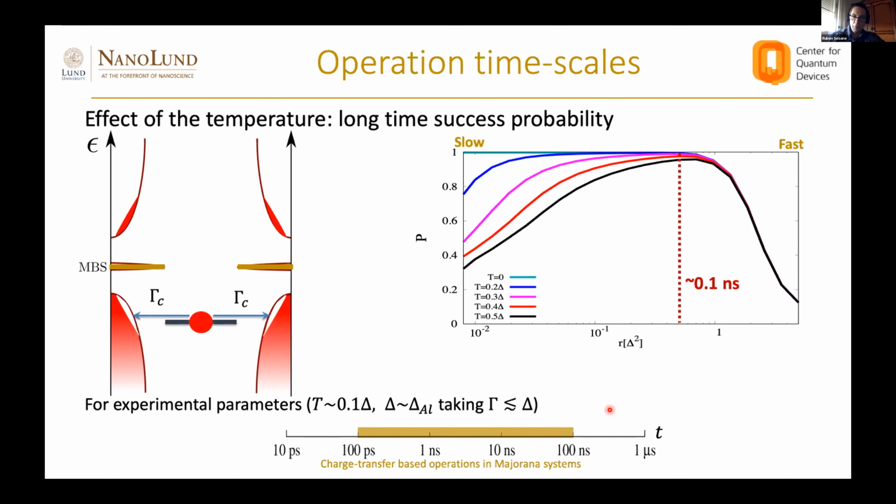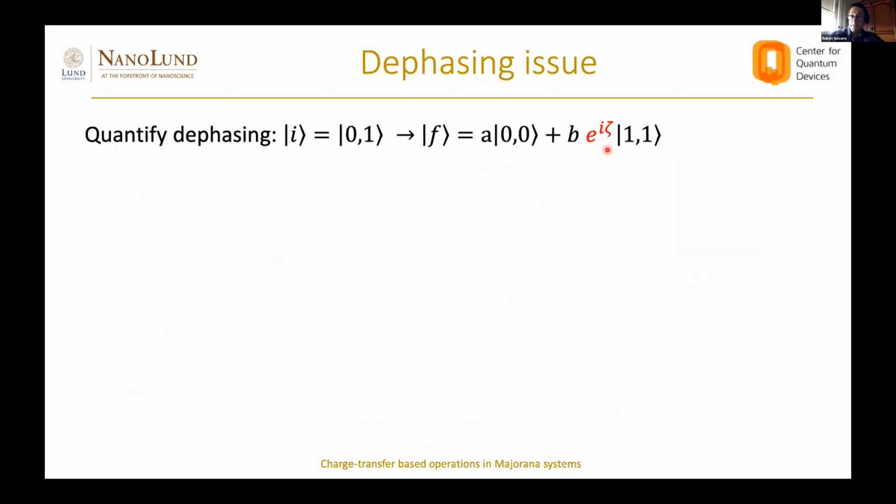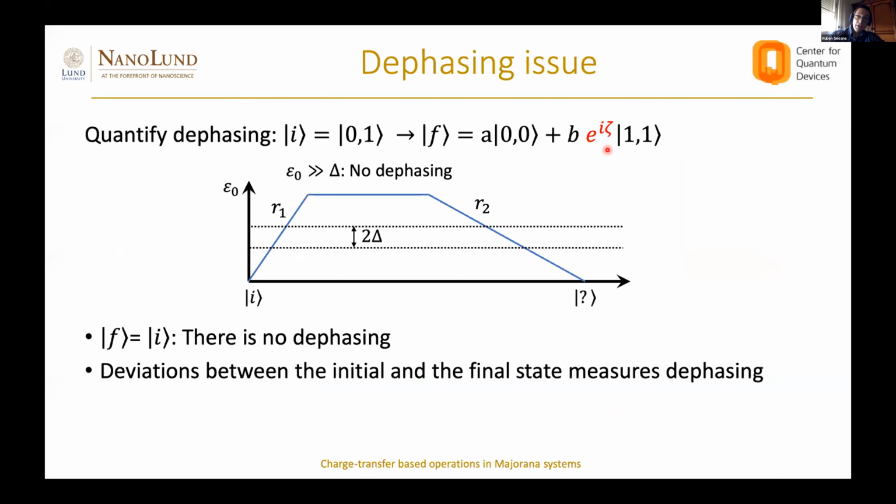So let me go to the phase issue. Up to now, I have been only focusing on the values of A and B of the final state. But the question is, is there an accumulated dynamical phase after the protocol? And that we can estimate using a 2-step protocol.